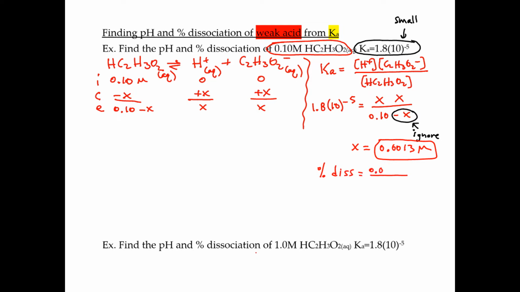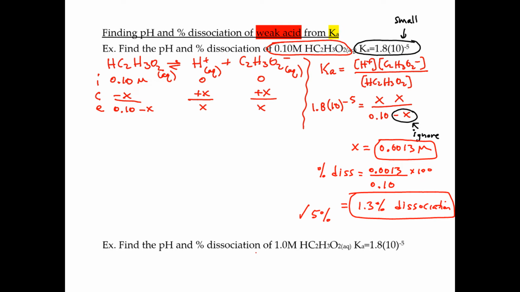So the X was the 0.0013 over the original, which is 0.10, times 100. And that equals a 1.3% dissociation, which is actually the same exact calculation as the 5% rule. So I'm going to write down that we passed the 5% rule. We're less than 5%. Okay, so that's finding the percent dissociation.